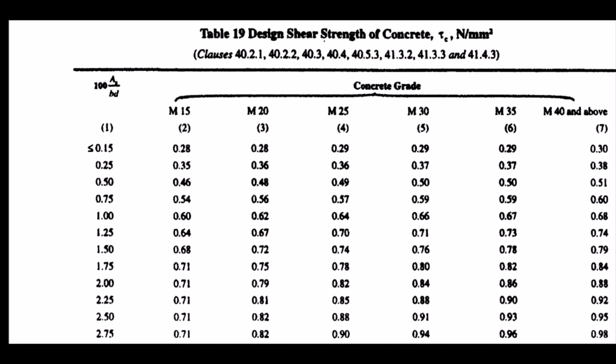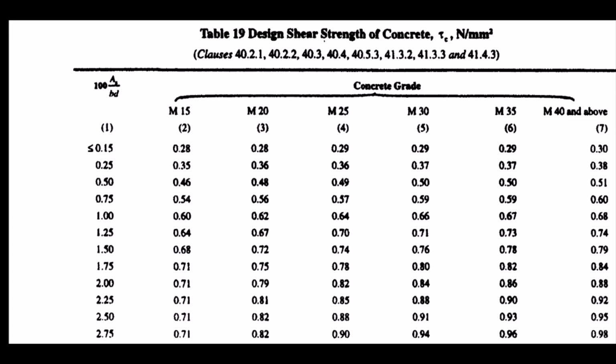Our grade of concrete is M20, so for 0.25 the design shear strength is 0.36 Newton per millimeter square, and for 0.50 the value of tau C is 0.48. So for 0.33 percentage of steel and grade of concrete M20, the value of tau C will definitely lie between these two values, 0.36 and 0.48. We have to find that with the interpolation method.